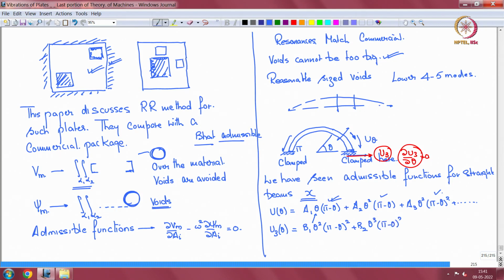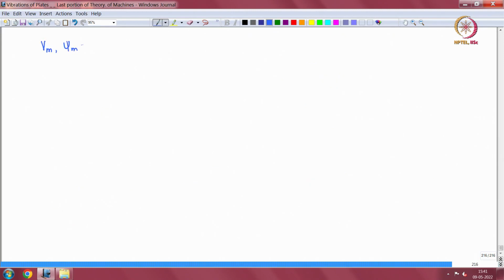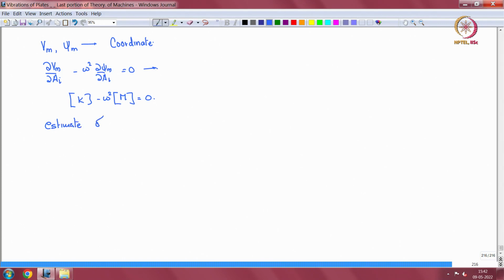Now you start completing the polynomial, plus b3 theta cube pi minus theta cube, etc. Then as usual you formulate your Vm and psi m for the particular coordinates or geometry, and you start your del Vm by del Ai minus omega square del psi m by del Ai equal to 0 set of equations, and you formulate your generalized eigenvalue problem.